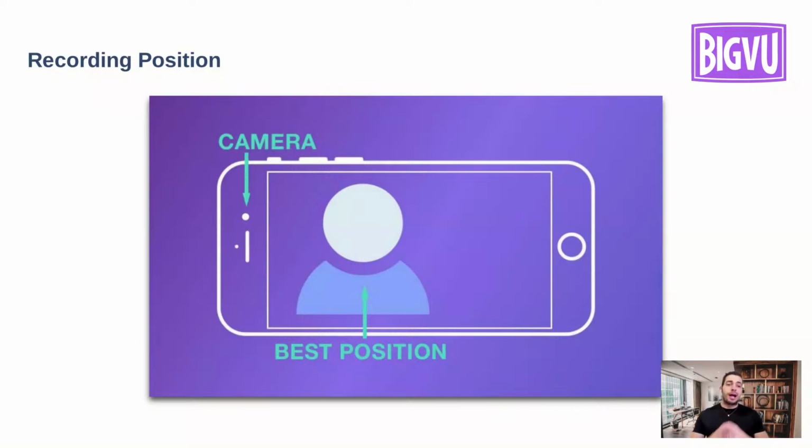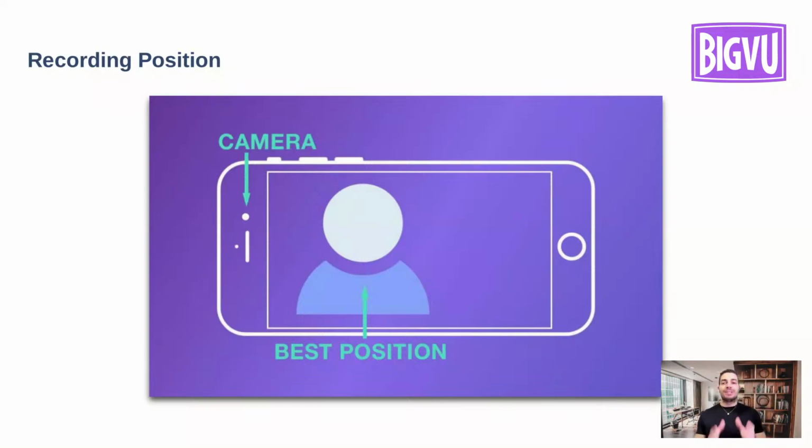What should you do and how should you position your phone? You should basically have two things in mind. Only two. It's not a lot, not 10, not 20, two. First one, you should be in the middle of the video, because for some reason, some users prefer to record on the left side like this or on the right side like this.